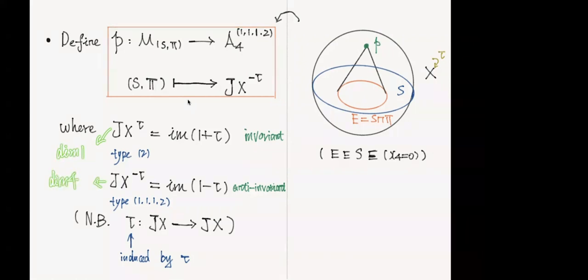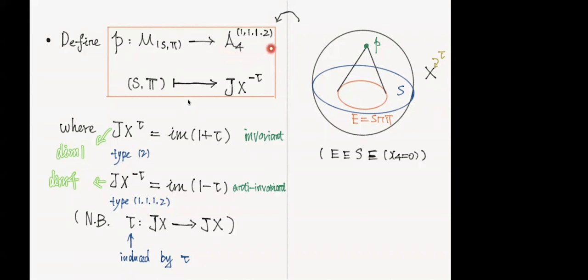The principal polarization on the intermediate Jacobian essentially induces a principal polarization on this invariant part, or more precisely, twice the principal polarization. But on the anti-invariant part, it induces a polarization of type 1112. That's also some standard computation in the theory of abelian varieties.